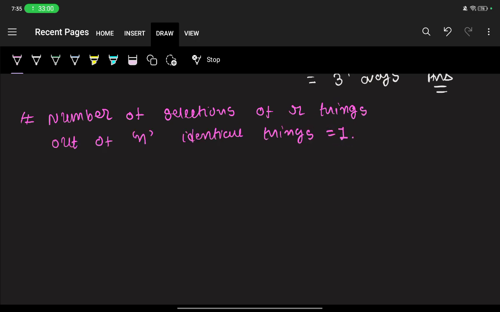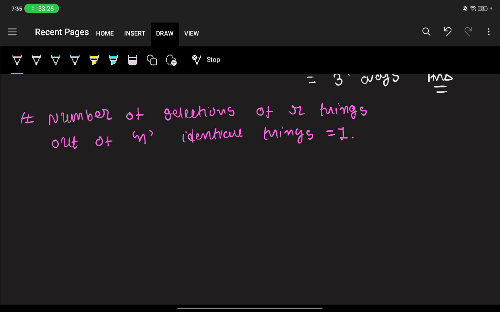So if you want to select, let's say, 3 balls, okay. Let's say there is a bucket full of yellow balls, okay. And if you want to select any 3 balls, so you can select any 3 balls, right? Yes or no? Because all of them are identical. So how many number of selections is required? Only one time, right?